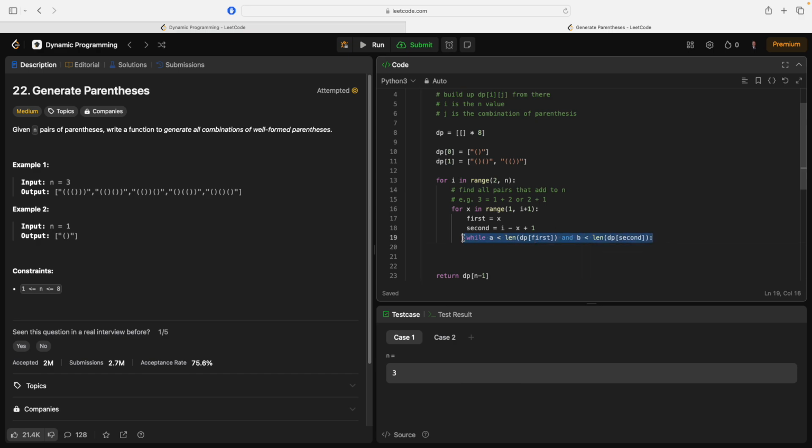No, we just do a 2D array. A nested loop. That's the same. It's the same.